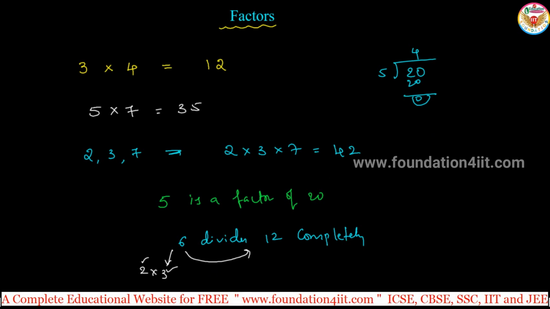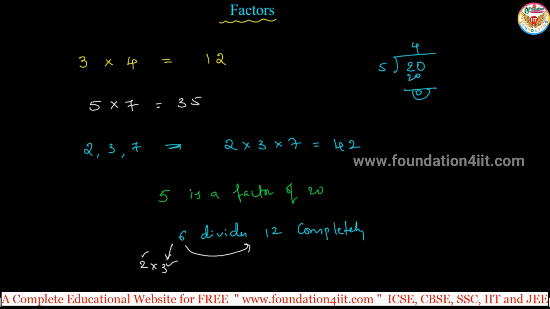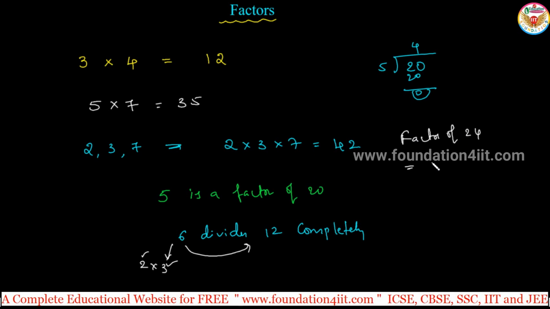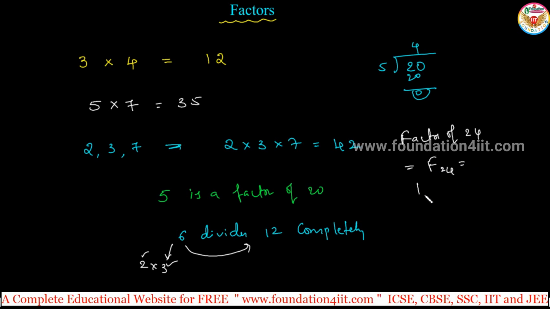Now, combining, how do we write it statement-wise? Factors of 24, you can write F24. Just write like this: F24 is the factors of 24. Which numbers divide 24 completely? 1, because 1 times 24 is 24.